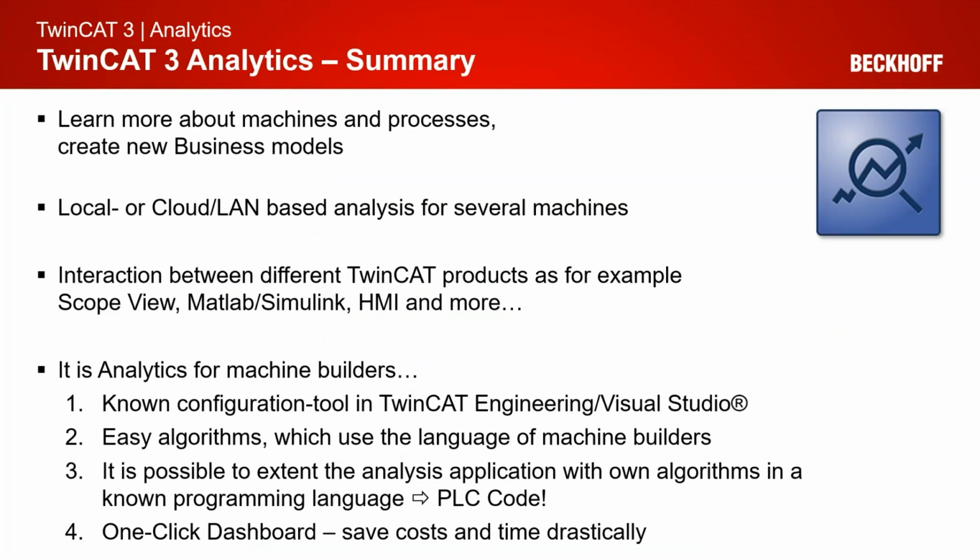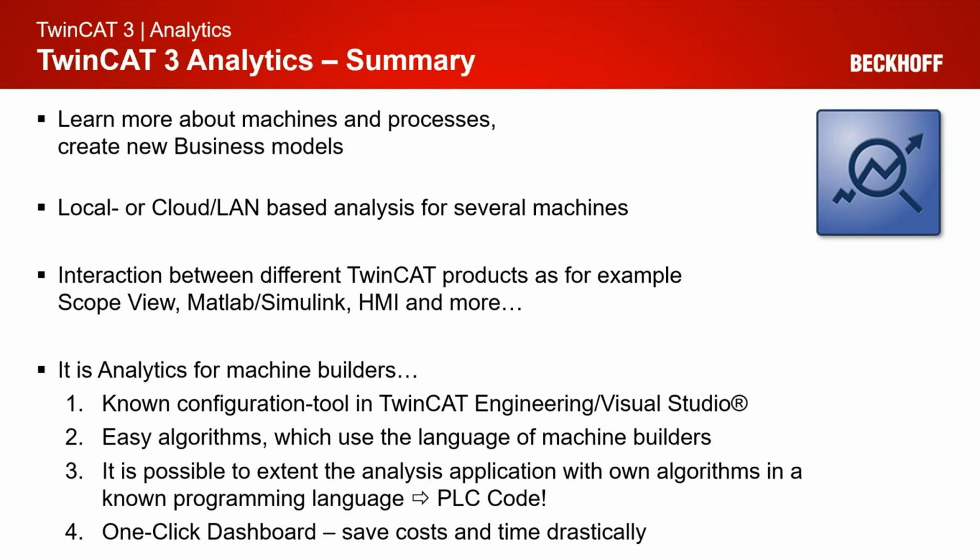Summary. So finally, we can say learn more about your own machines and processes, because often we work in groups and we provide modules, software modules, machine modules, and then we bring them all together finally in the application. And to see how the process is really working, tools like TwinCAT Analytics are very, very useful to see optimization potential, right?